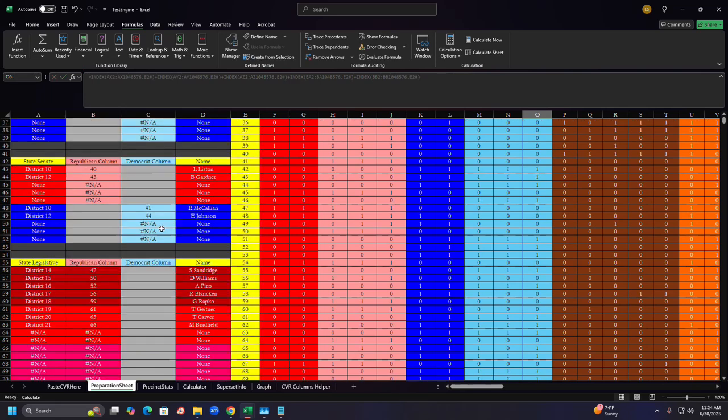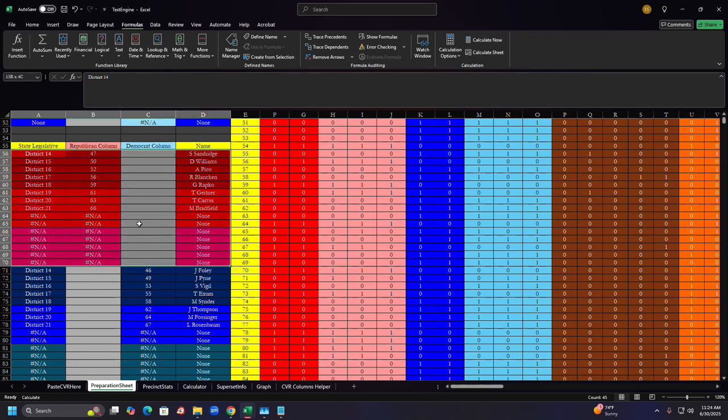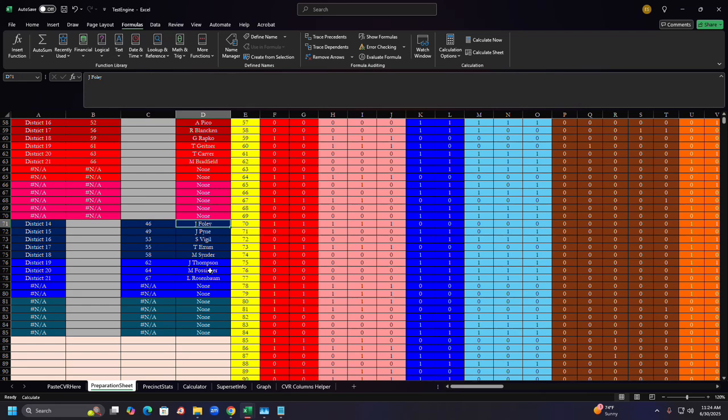Finally, you have the state legislatures. There are 8 districts from 14 to 21 in El Paso County in the year 2020. So you've got to find all the Republican columns from District 14 to 21. Then you've got to find all the Democrat columns from District 14 to 21. Okay? If you want to put the names here, that's up to you.